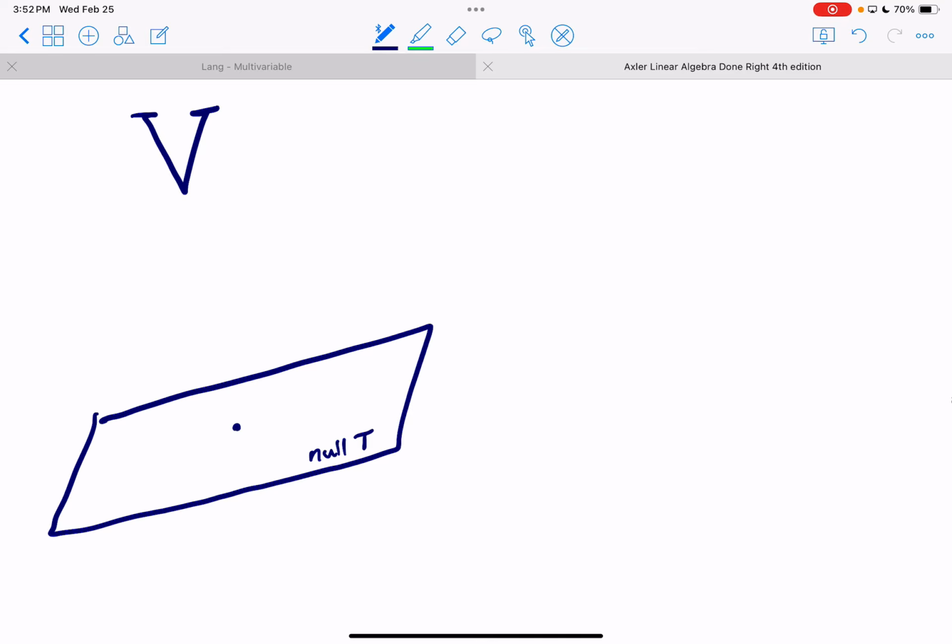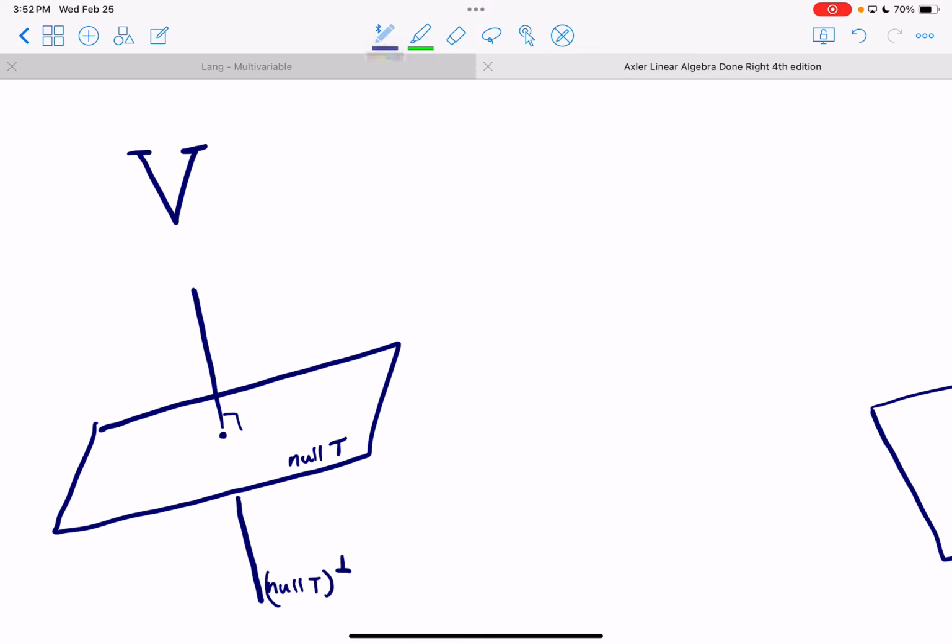And then somewhere else in V is the orthogonal complement of the null space. Do you see what I'm trying to draw here?